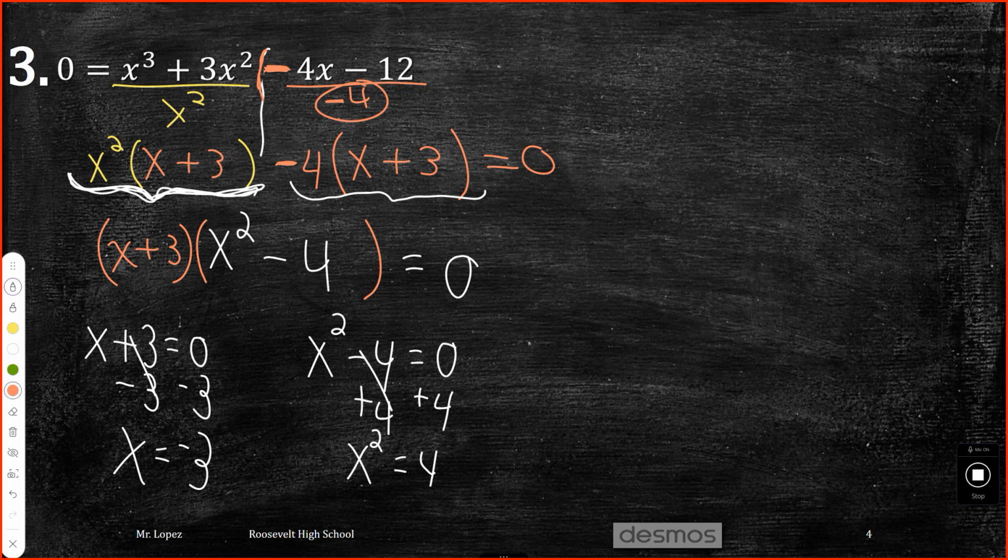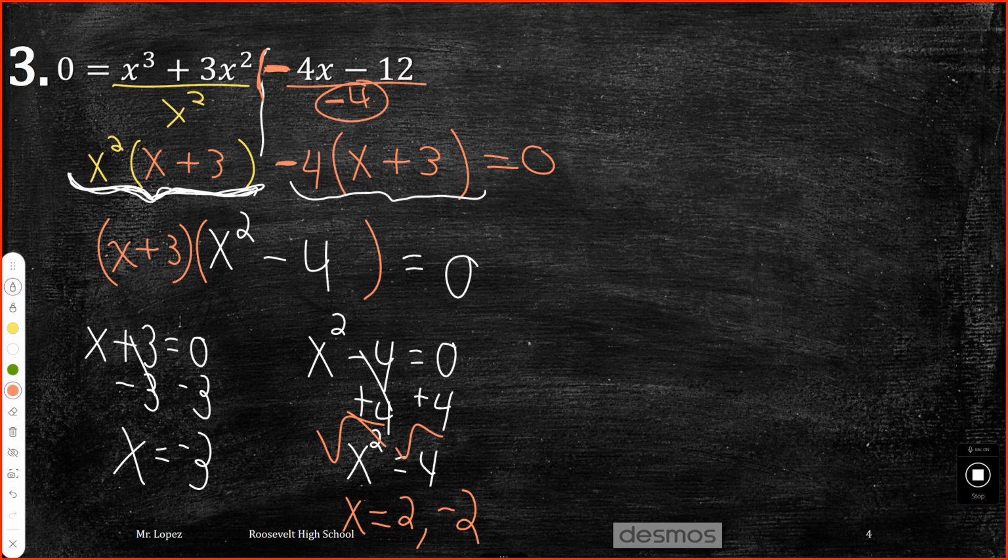Square root it. And if it's an equation and we square root it, it's going to be x equals what? And what? You've got 2 answers. So x equals negative 3 is an answer, 2 and negative 2.